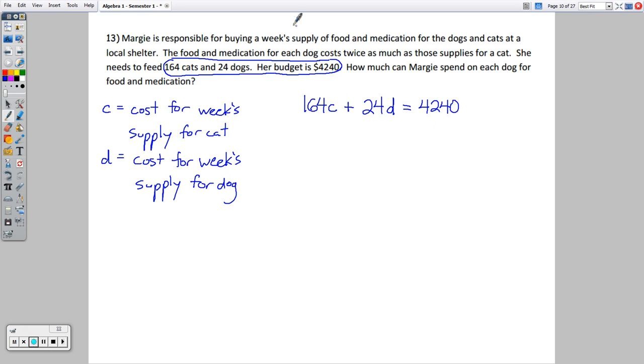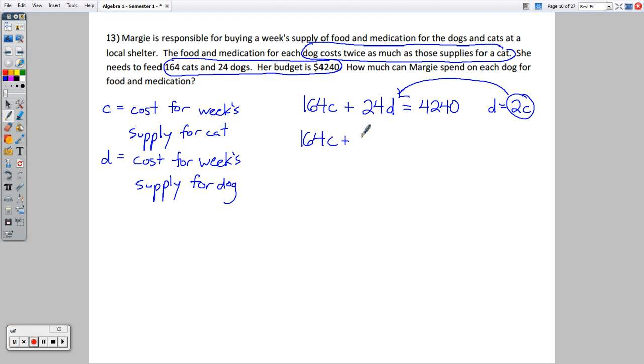There's another one, and it might be a lot easier than you're thinking. A dog costs twice as much as a cat. Therefore, D equals 2 times the cat amount. So if D equals 2C, this one's better to use substitution. We already have a variable solved in terms of the other one. So just replace D over here with 2C.